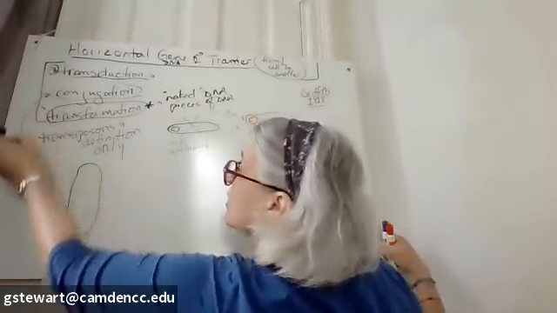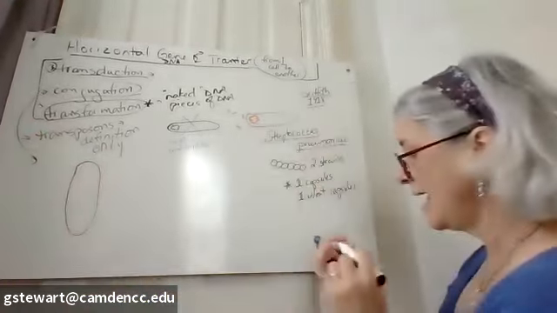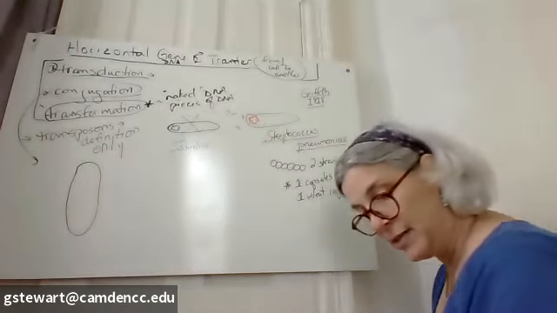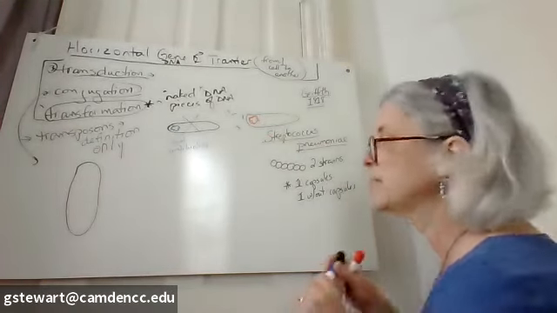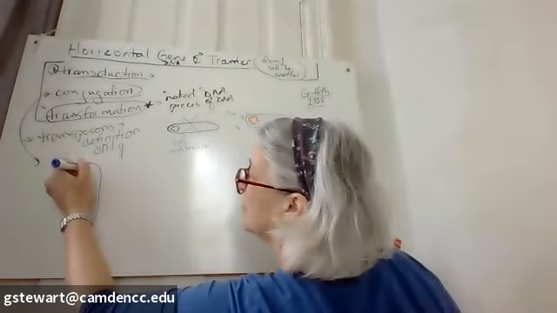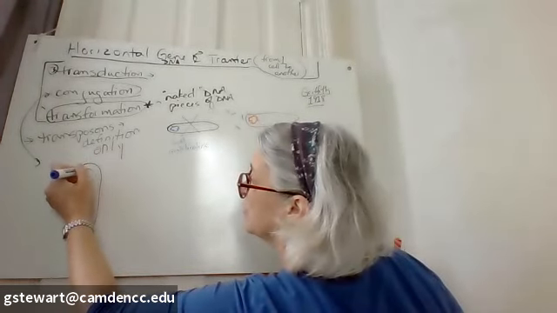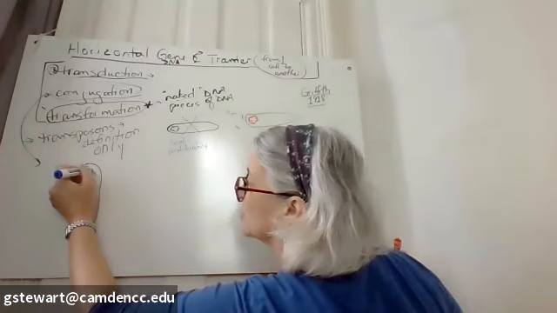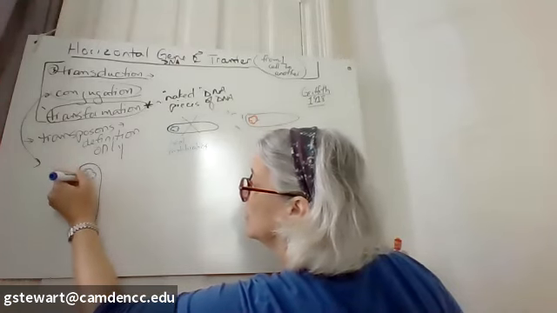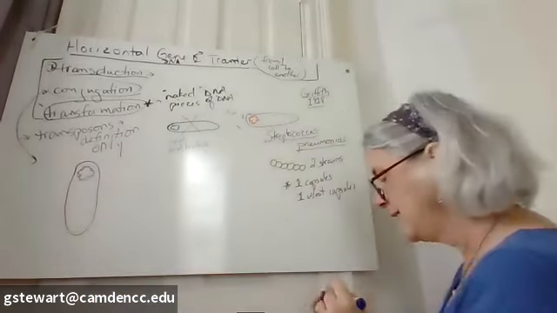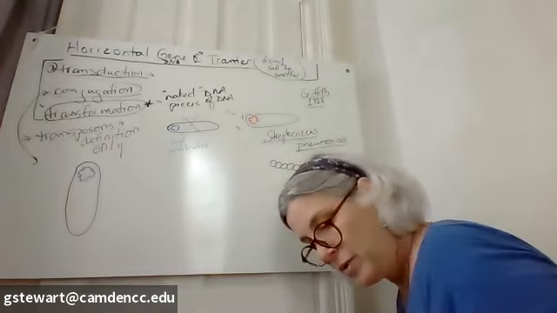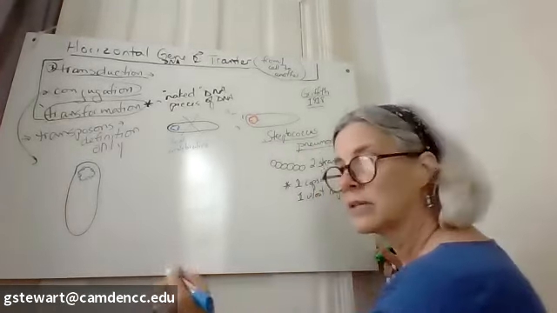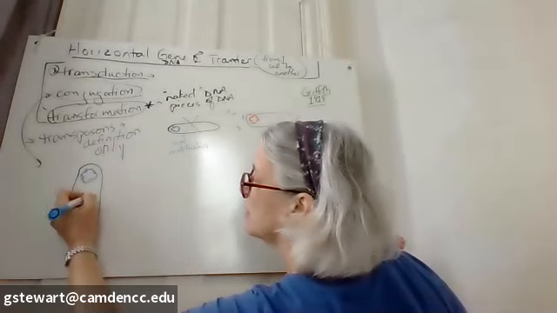We're starting with a cell that has a plasmid. So I'm going to draw this bacteria and give it this enlarged bit of DNA here. So that's its regular chromosome, in the nuclear area. And then the cell also has, can you see the difference between the green?